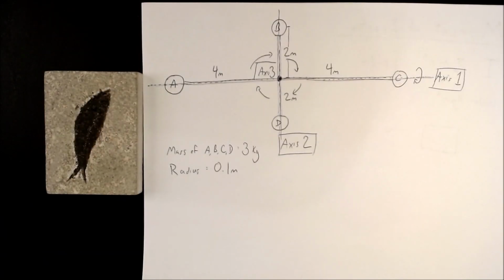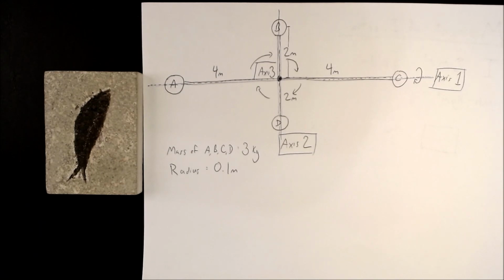Now that we've done all that math about the rotation around axis 1, finding the moment of inertia around axis 1, I want you to think for a second about whether the moment of inertia around axis 2 will be greater than or less than the moment of inertia around axis 1. Remember, the moment of inertia is how difficult it is to rotate something.